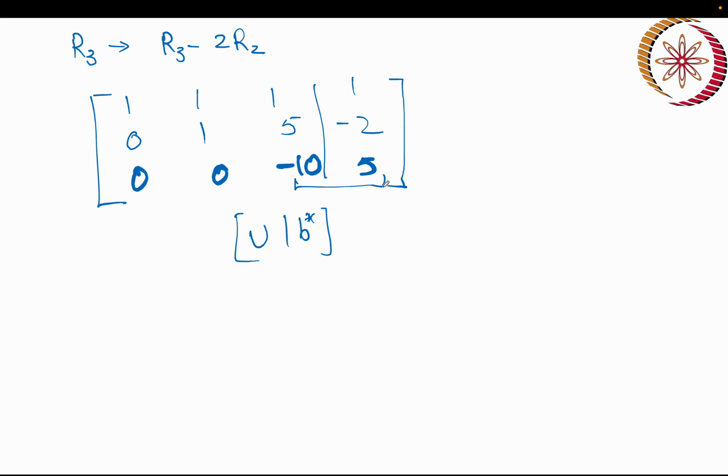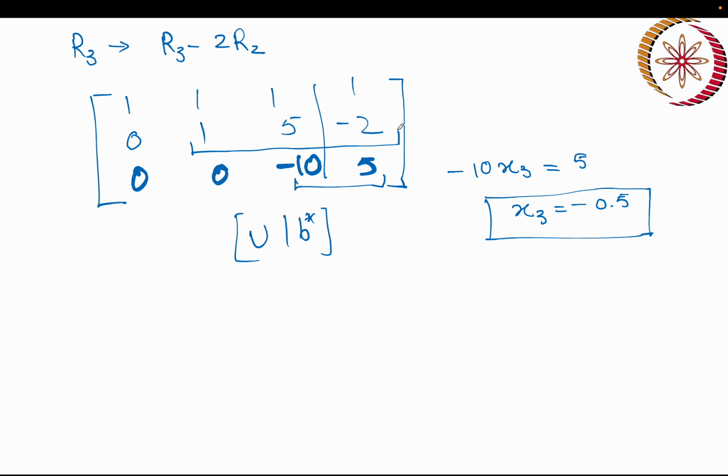We will start with the last equation, which is minus 10x3 is equal to 5, so x3 is equal to minus 0.5. Okay, so we got x3. Now we solve the second last equation, which is x2 plus 5x3 is equal to minus 2. Substituting x3, x2 plus 5 times minus 0.5, which is minus 2.5, is equal to minus 2.